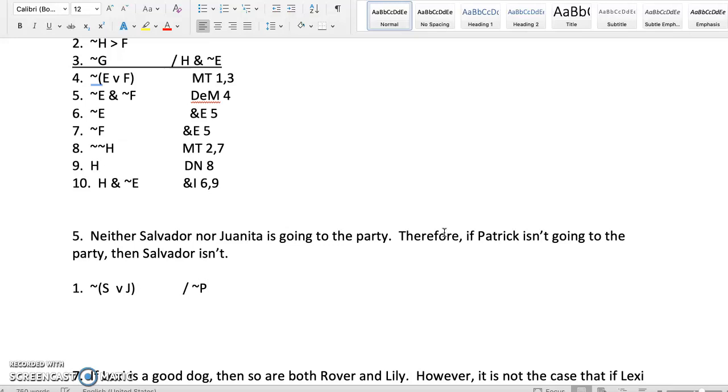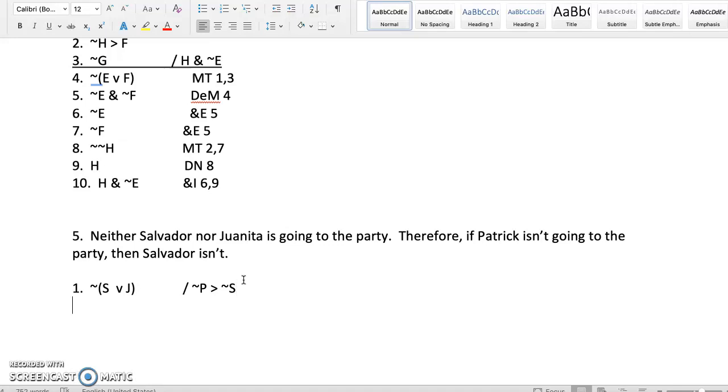So this is saying if Patrick isn't going to the party, and that's an if, so it's a conditional, then Salvador isn't. All right, so remember, S stands for Salvador is going to the party. So we've just got one premise and a conclusion.